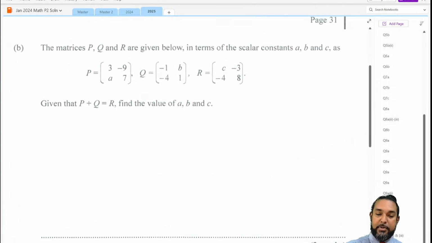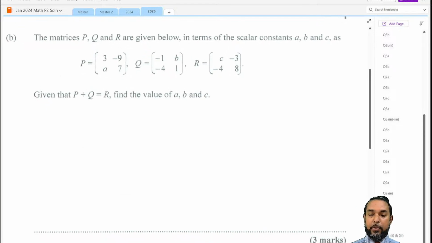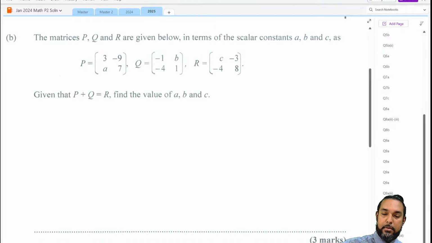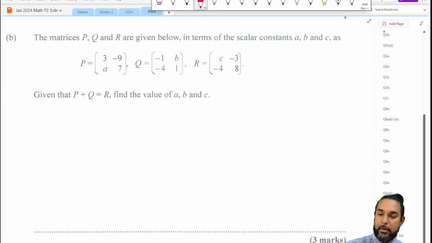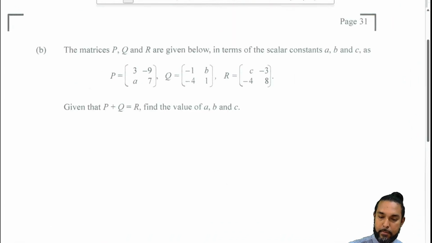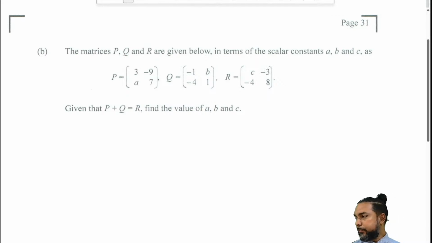The matrices P, Q, and R are given below, in terms of the scalar constants A, B, and C. Okay. If P plus Q is R, find the values of A, B, and C. I'll give you a minute or two to set that up. Solve for A, B, and C, and then we'll go from there.